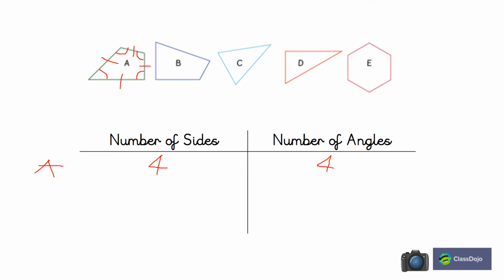And I know I am correct because the number of sides is the same as the number of angles. Can you have a go with figure B, C, D and E? When you've finished your table, if you would like to, you can send me a picture on Class Dojo. So pause the video and have a go.